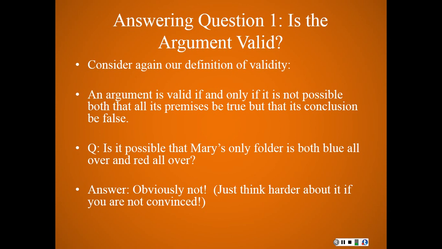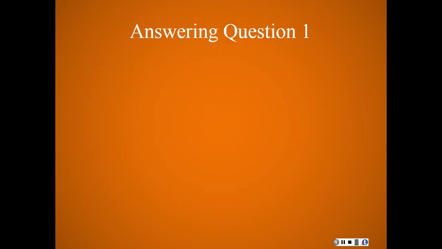I can't even imagine a universe in which it's true that Mary's folder is both blue all over and red all over. In fact, I think I can see that it's not possible for there to be such a universe. So it's not possible that Mary's only folder is both blue all over and red all over.